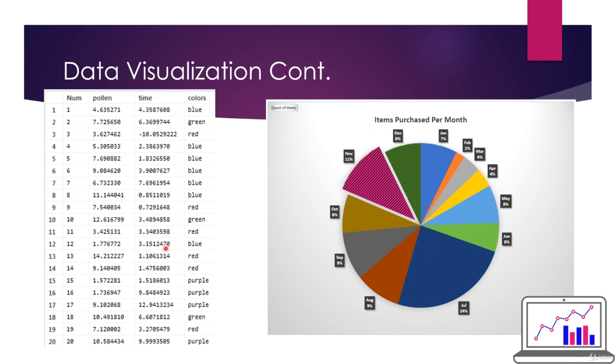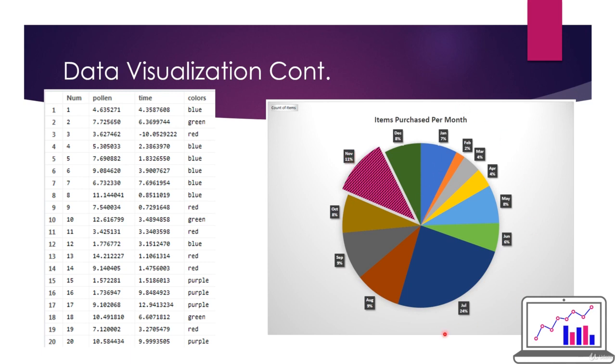This is based off the same data that I had in the last lecture for you, based off my Amazon purchases, and you can see that I have each month here, and then within each month I have the percentage. And we're going to learn how to pop the slice out. It's called explosion. We're going to explode the slice, and it just makes you point out something like, hey, something's up with this month.